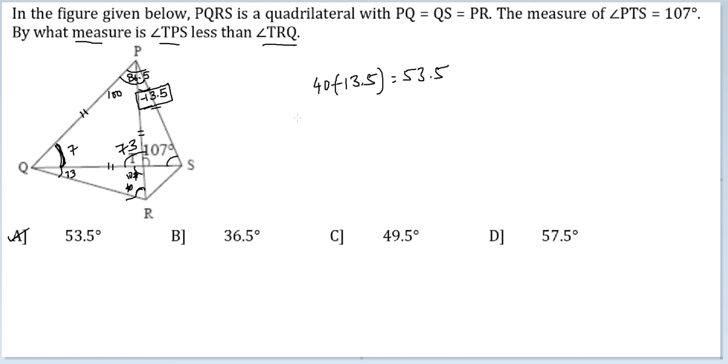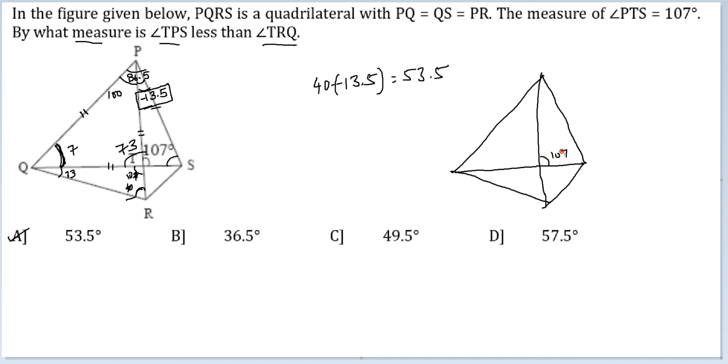Now let me try to do this question technically, and you will see the answer will not change regardless of me having assumed values initially. Something like this. This was 107, this was 73, this is 107.